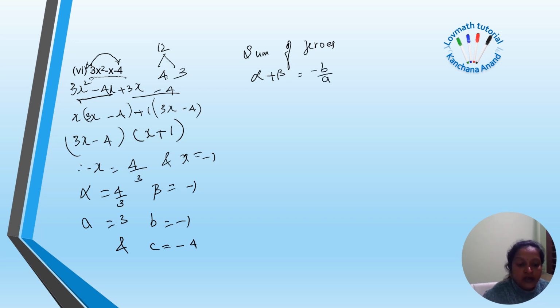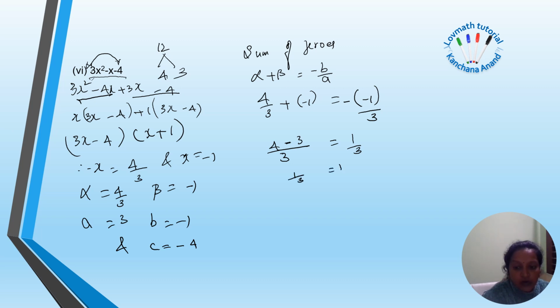So alpha is 4 by 3 plus beta is minus 1. Minus of minus 1 divided by a, which is 3. By taking 3 as LCM, 4 minus 3 is equal to 1 divided by 3. This becomes 1 by 3 is equal to 1 by 3.